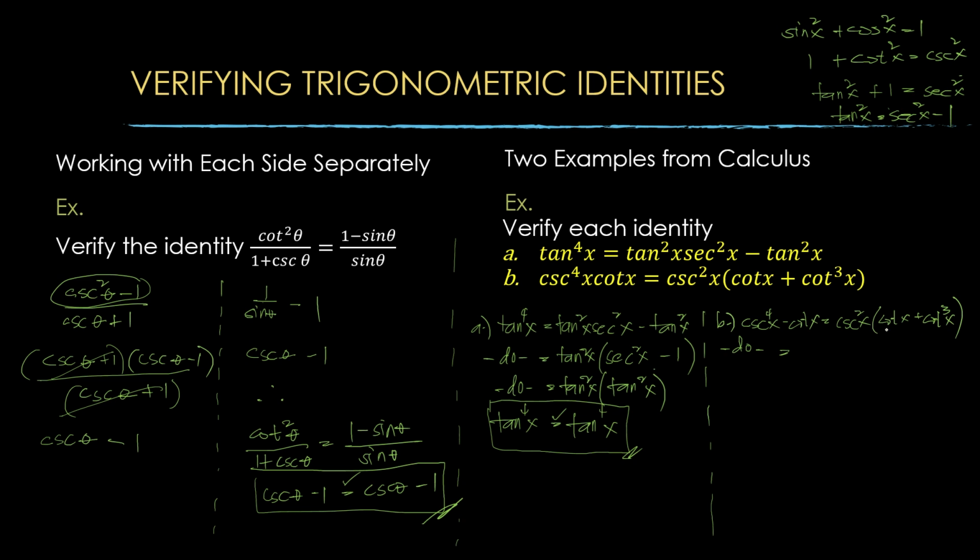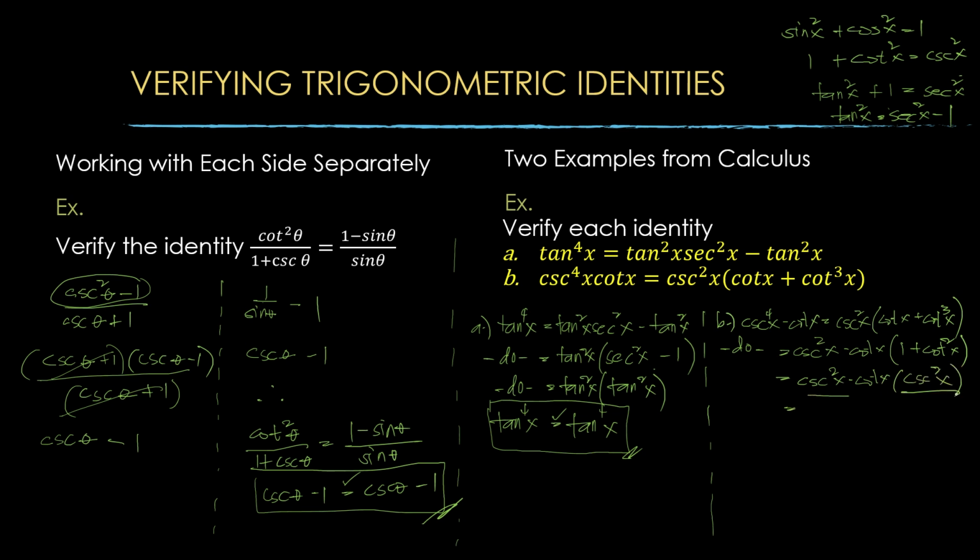So again, I can factor out cotangent in here. So I have cosecant of x squared multiplied by cotangent of x multiplied by 1 plus the cotangent of x raised to the second power. Again, from my trigonometric identities, what is 1 plus cotangent of x squared equal to? That is the cosecant of x squared. So I have cosecant of x squared multiplied by the cotangent of x multiplied by the cosecant of x squared.